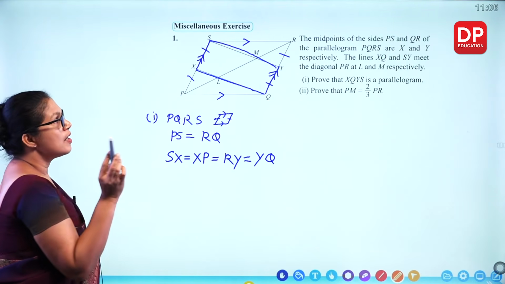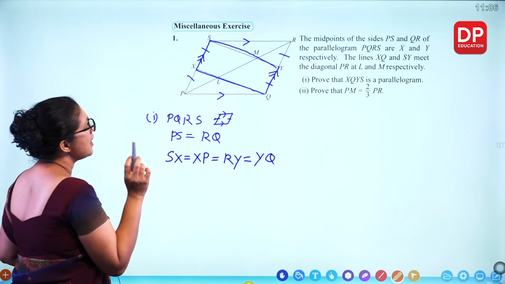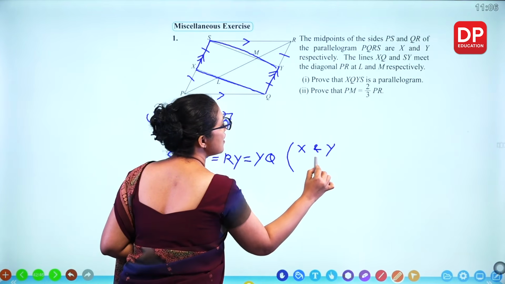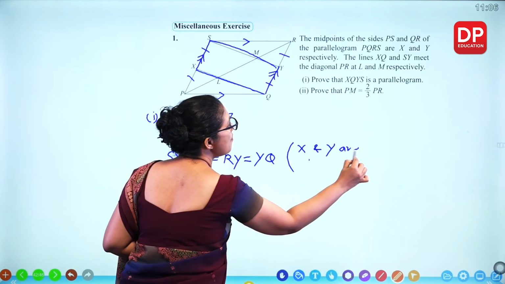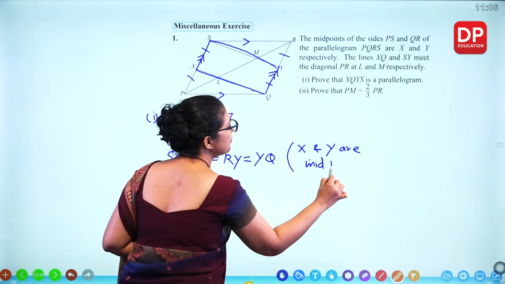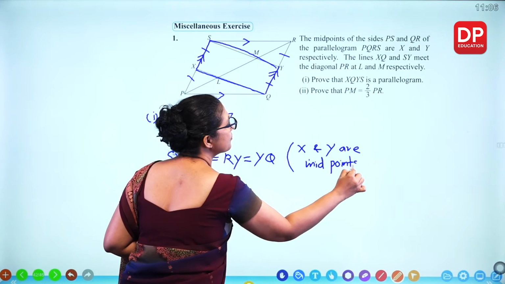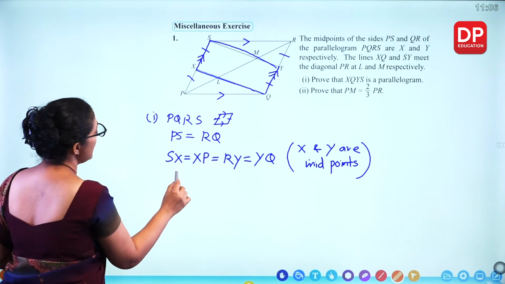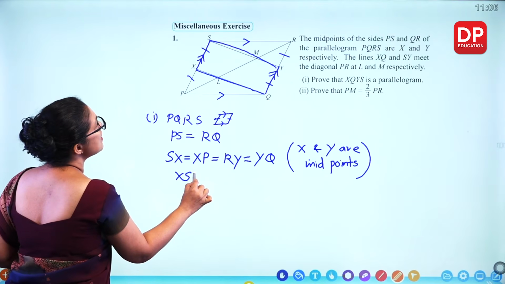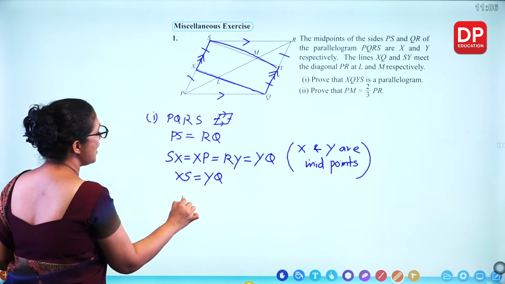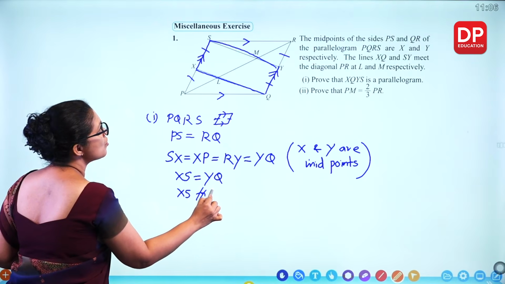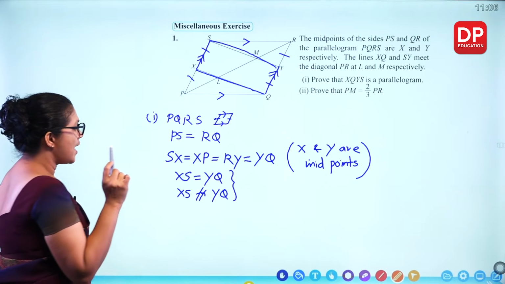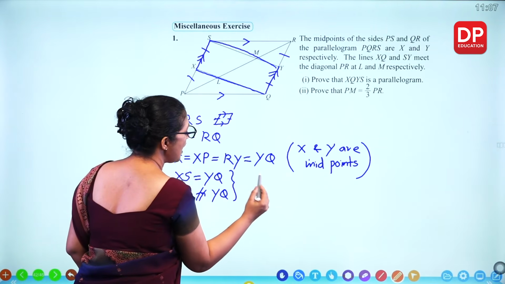Because of a parallelogram, opposite sides are equal and X, Y are midpoints. Then according to this information, we can see that XS is equal to YQ as well as XS parallel to YQ. A pair of sides equal and parallel.